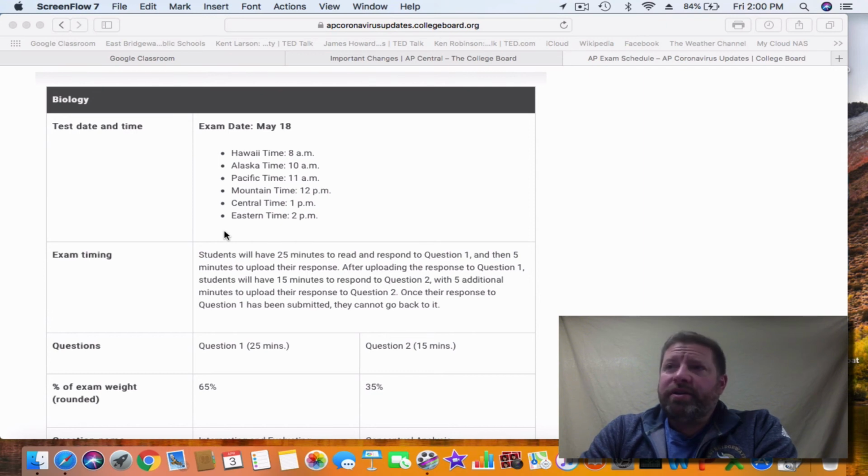They're going to take your answer and run it through some type of program that's going to determine whether or not this is your writing. They're going to cross-reference it against web pages and other things that you could find online. So it's very important that you stay honest and stay on task and don't go looking for answers.